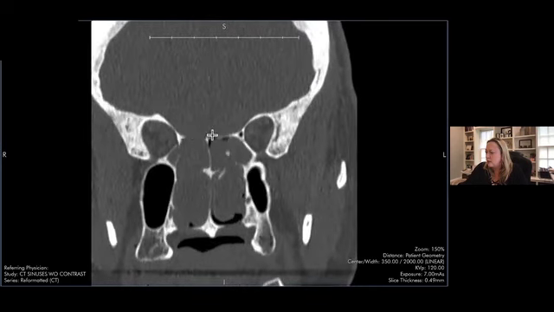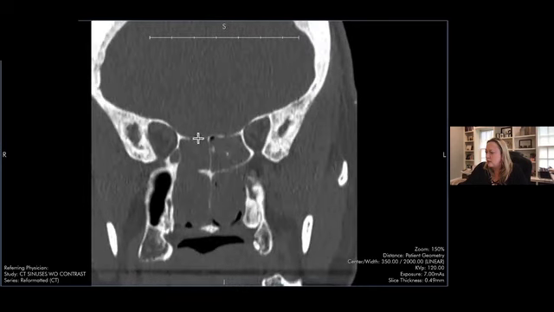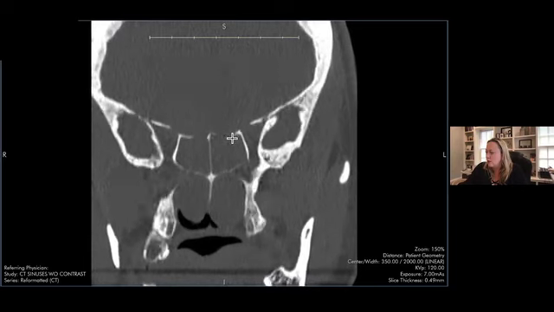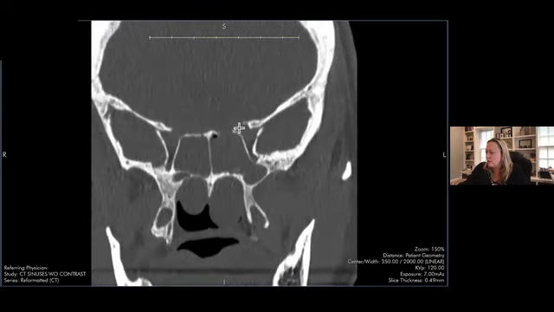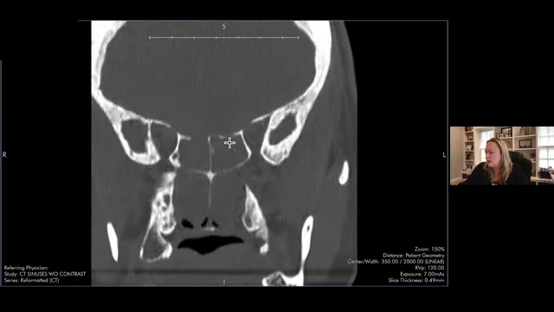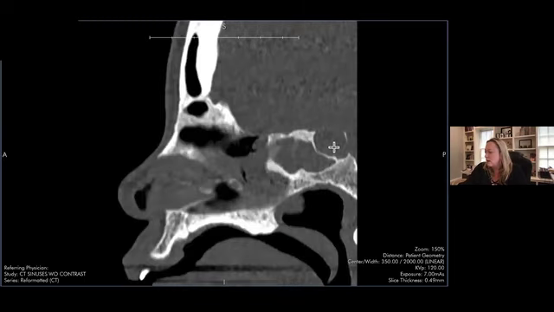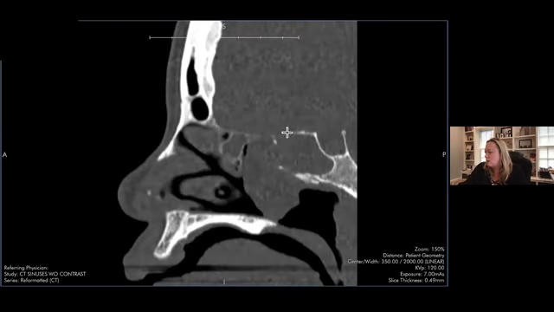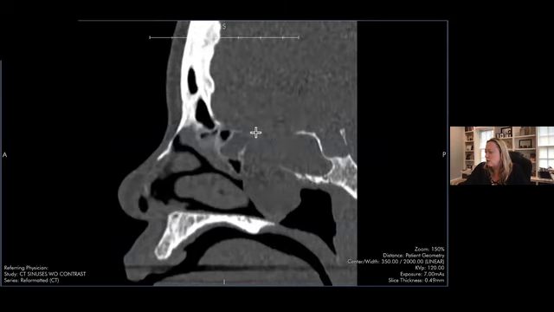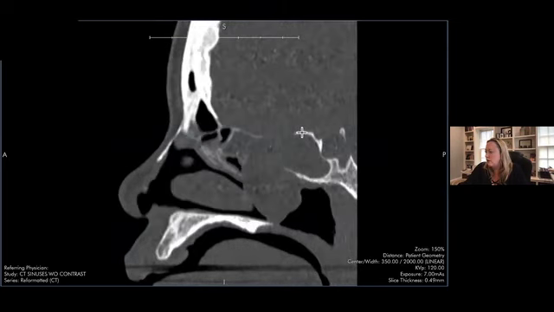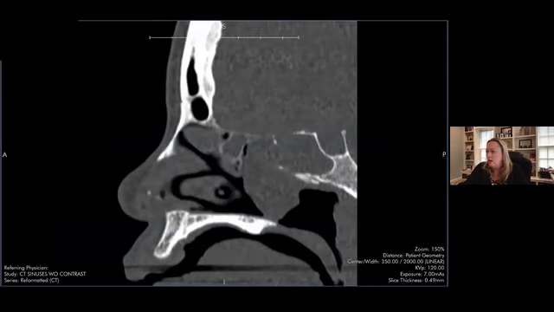You can see these bilateral areas of dehiscence, a little bit more on the right compared to the left. Actually, it's pretty bilateral. And then you can see that again in the sagittal plane, the planum sphenoidale and the posterior ethmoid roof are pretty widely dehiscent. So that's the bone windows on the sinus.